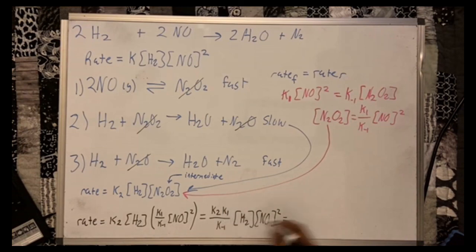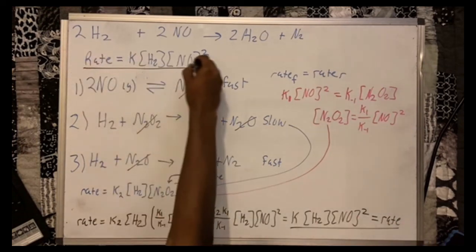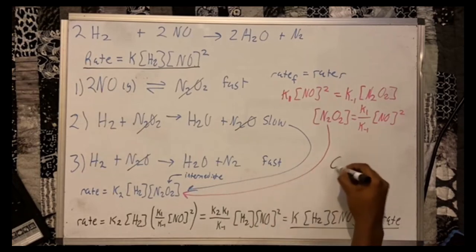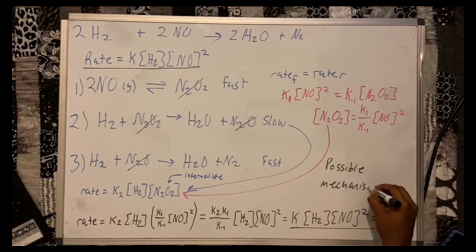I'm just going to lump all that together, so we'll call this k of our mechanism, or just call it regular k, times [H2][NO] squared, right? Lo and behold, that is the same as this rate law. So this is a good mechanism. Good or possible mechanism.